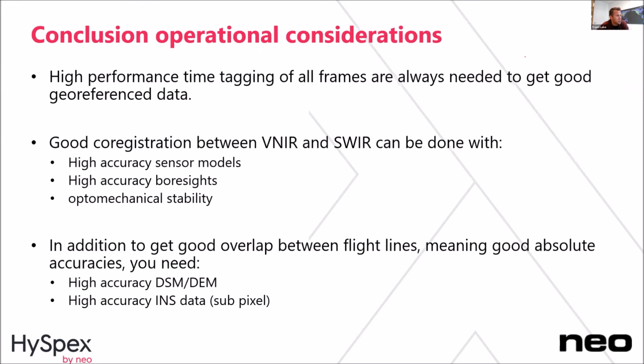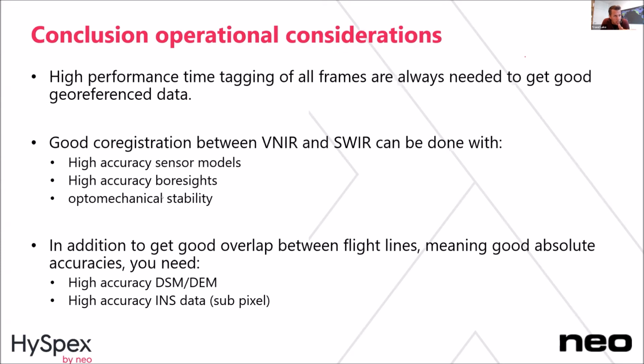So, conclusion on optical considerations. High performance time tagging of all frames is always needed to get good georeferencing data. And here is where it differs. This is important, right? The difference is based on what you need as an end user. If you want good co-registration between a VNIR and a SWIR camera, you can do that with a high accuracy sensor model, a high accuracy boresight, and optomechanical stability.